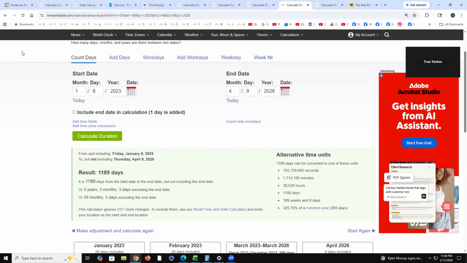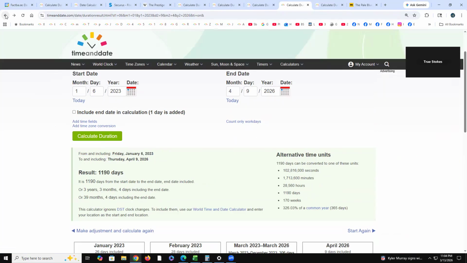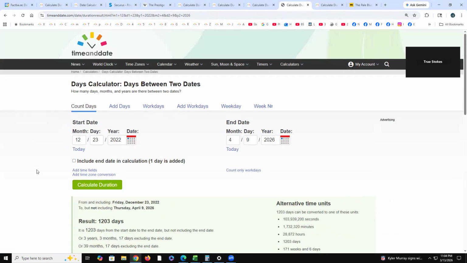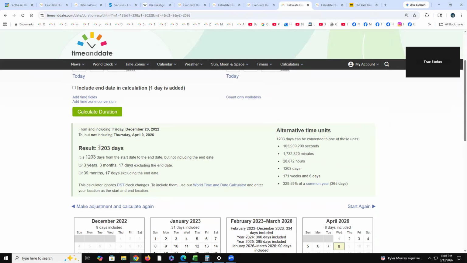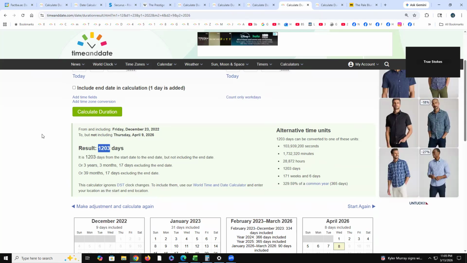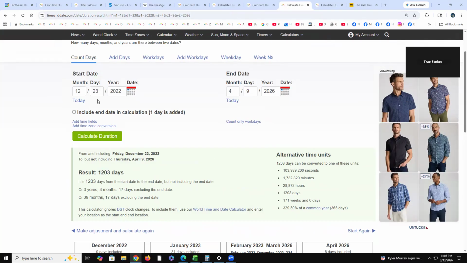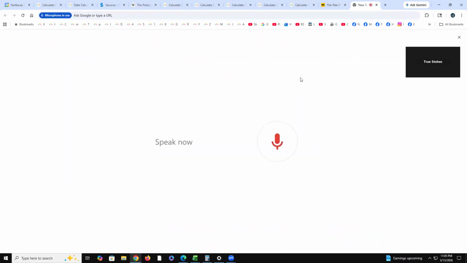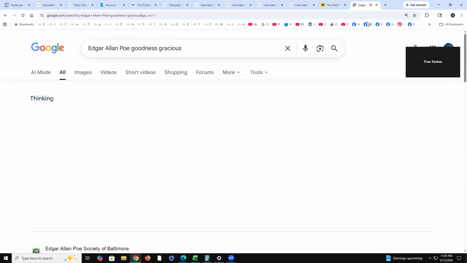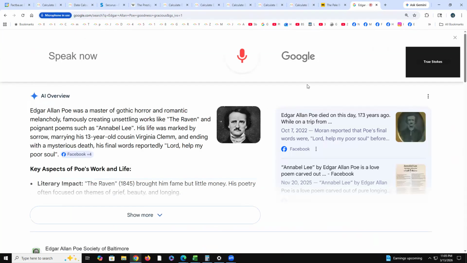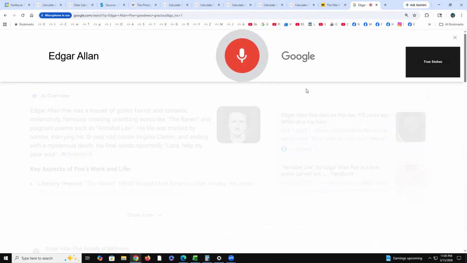Because when you go to the other date, it's 1203. And 203 is the Super Bowl with the Ravens, and this is the Pale Blue Eye, which, quote, the Raven nevermore was Edgar Allan Poe's most famous poem.